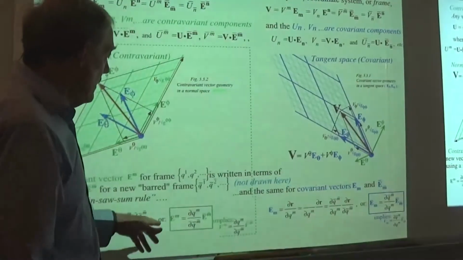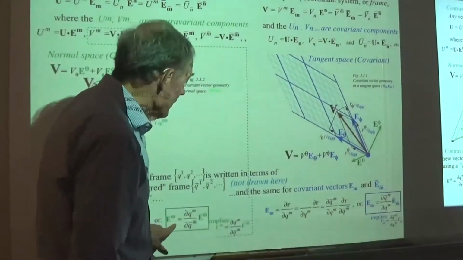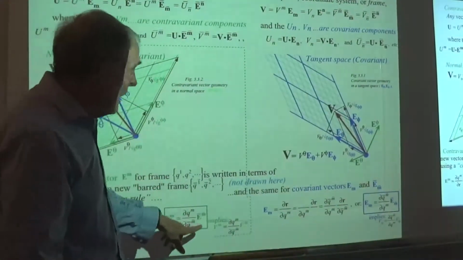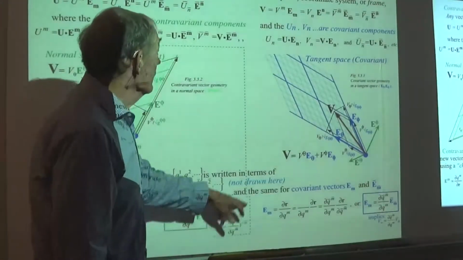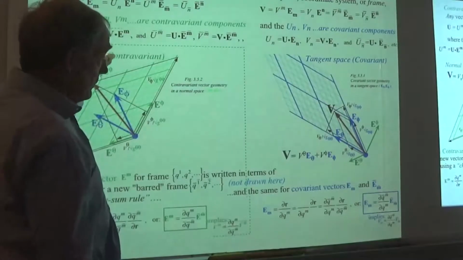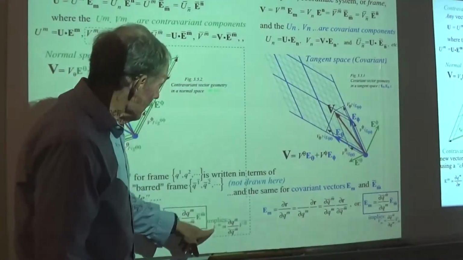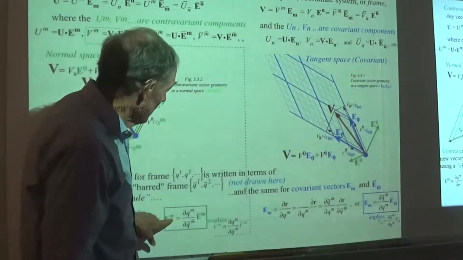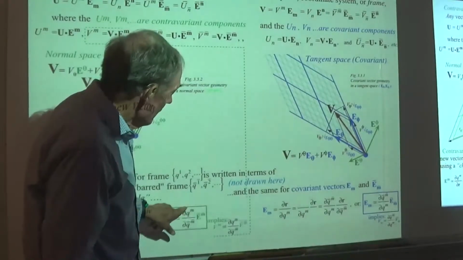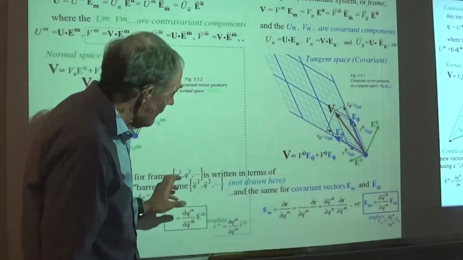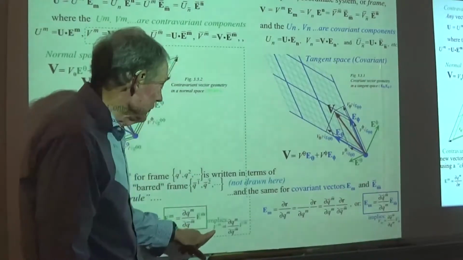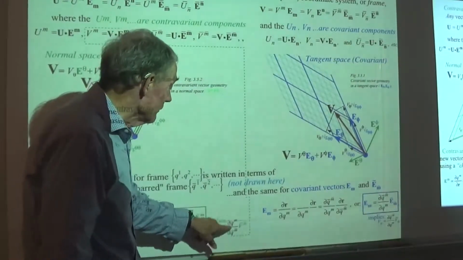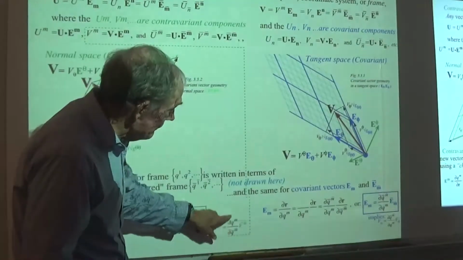But once you have this, that implies, and this is an easy thing to show, I'm going to leave it for you to take out of this relation right there, this rule of taking a contravariant thing and transforming it into a barred contravariant thing. In this case they're vectors, and it works exactly the same way. It's the same super Jacobian.